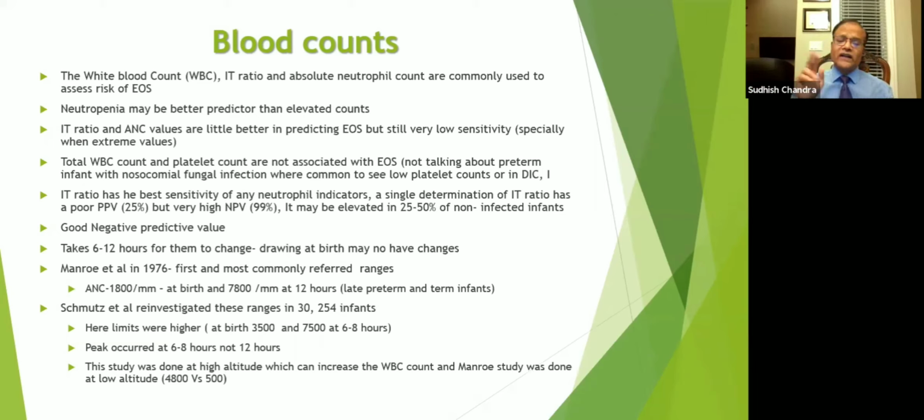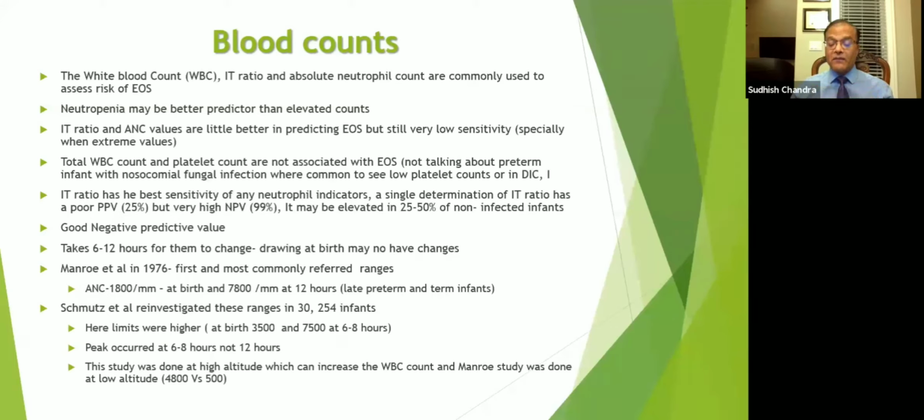So initially, when these reference values came for IT ratio, ANC, that was from 1976 actually. It was Monroe et al. who had that paper where we had these reference ranges, and that is practically used still. However, there are a couple of other papers which kind of changed those reference values.